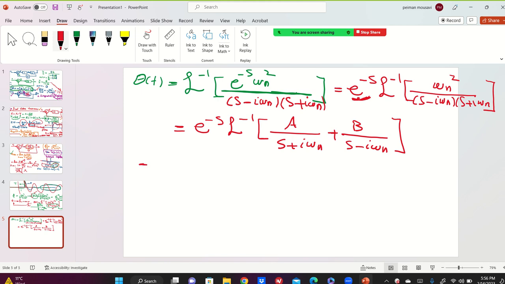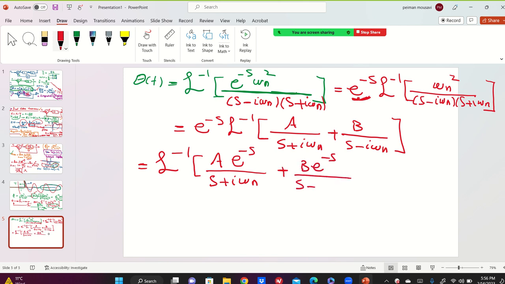Now I'm going to re-enter that here. See? Laplace inverse of A e to the minus s over (s plus i omega n) plus B e to the minus s over (s minus i omega n).